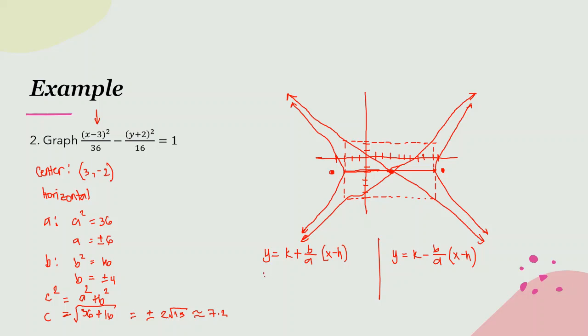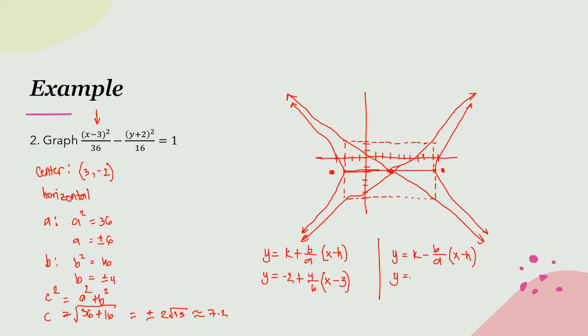So y is equivalent to k, our k is -2, plus our b is 4 all over our a, which is 6, times our x minus our h, which is 3.